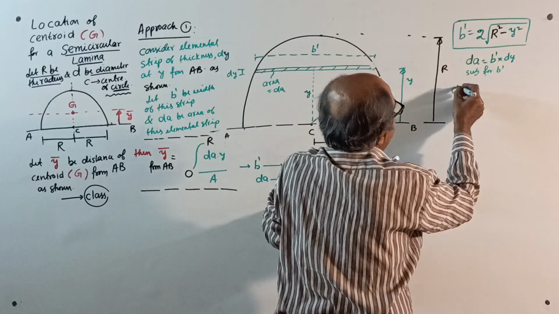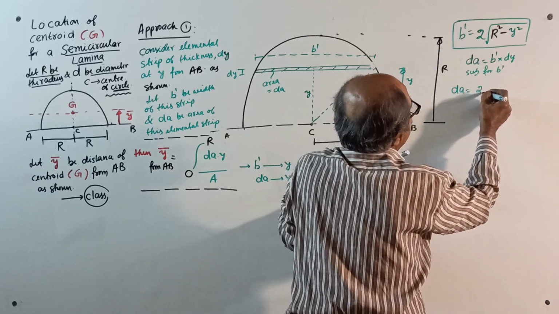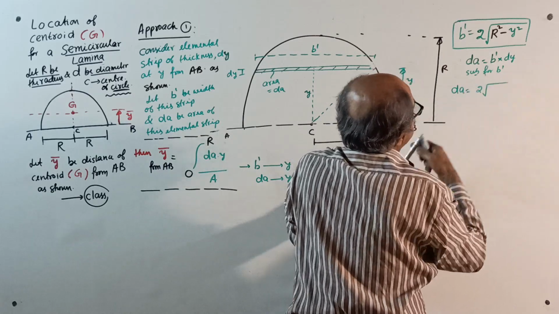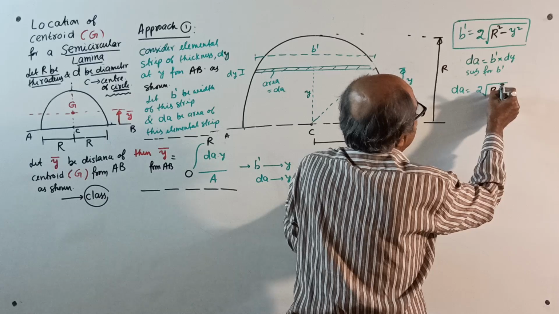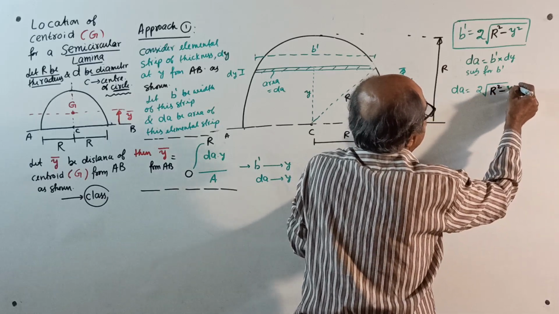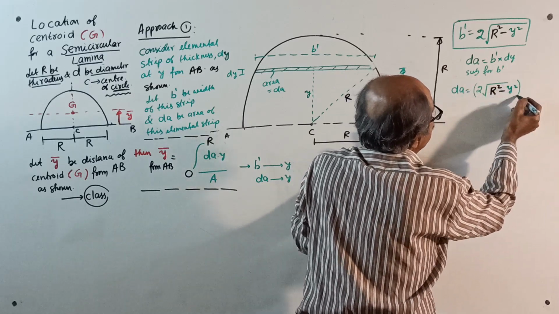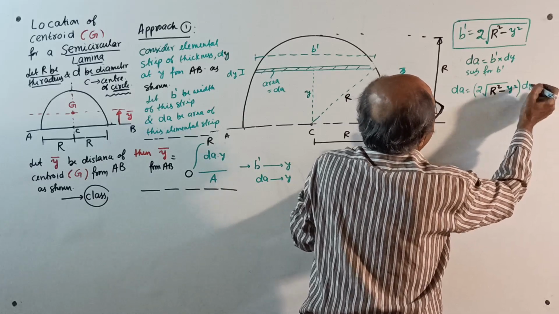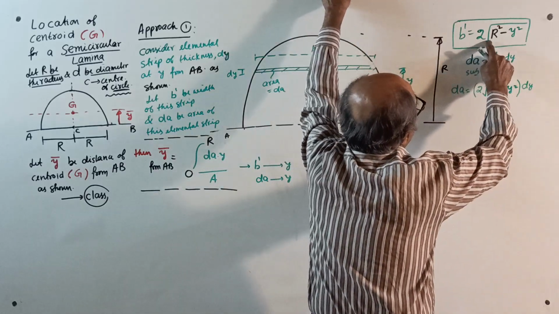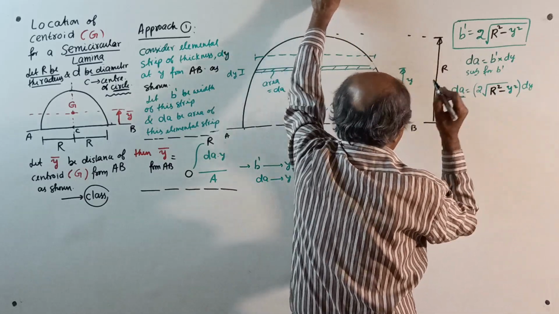We get dA equal to 2 times root of R square minus y square, times dy. This is the expression for dA.